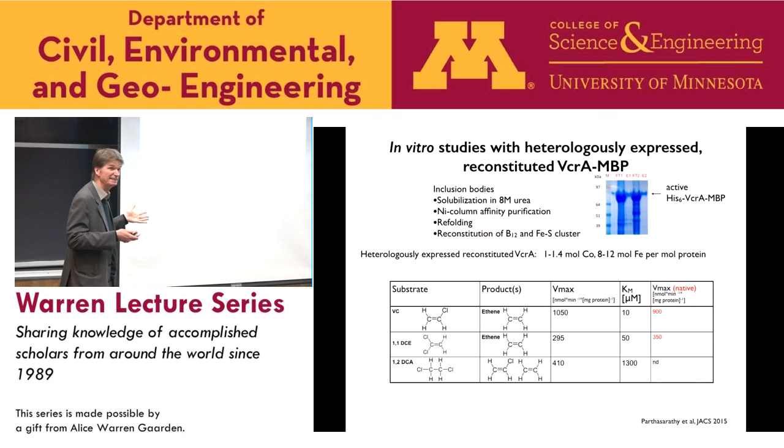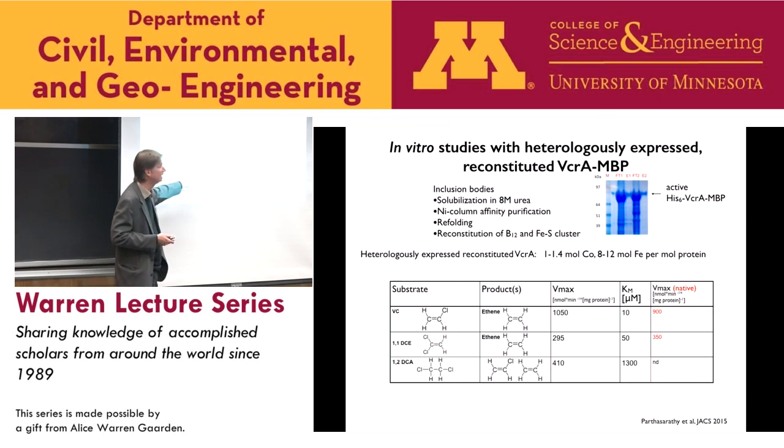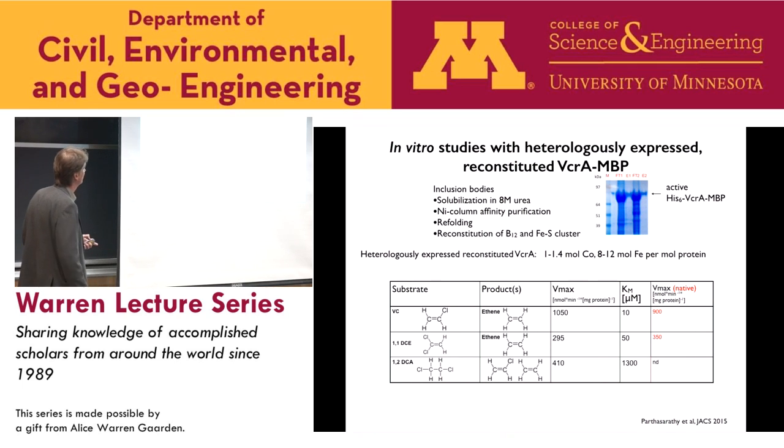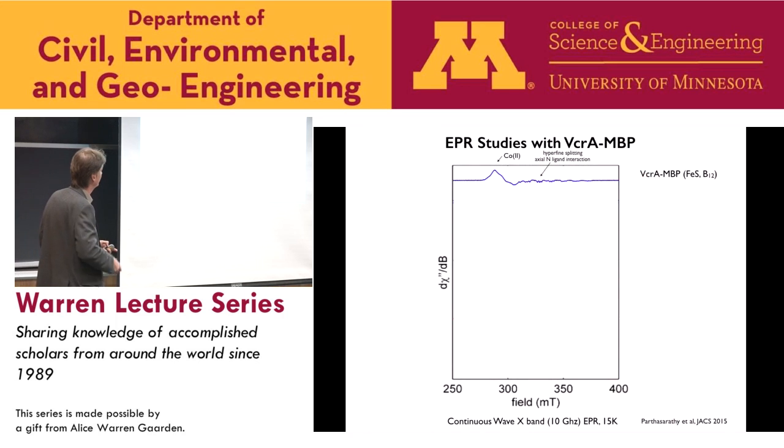So in other words, some of these enzymes can actually mediate this step. So they might be linked in the same organism. We then used the purified enzyme and collaborated with David Britt at UC Davis on EPR spectroscopy to see if we can see some features of the enzyme.